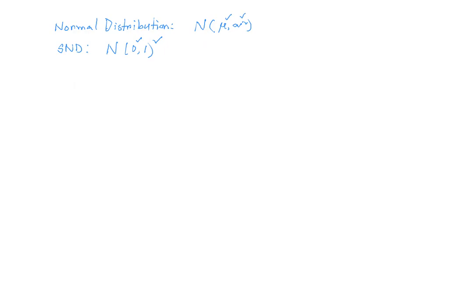Now we can go back and forth between these two distributions. How? Let's say this is a normal distribution with mean mu, standard deviation sigma, and I'm considering another normal distribution which has a mean of 0 and standard deviation of 1.